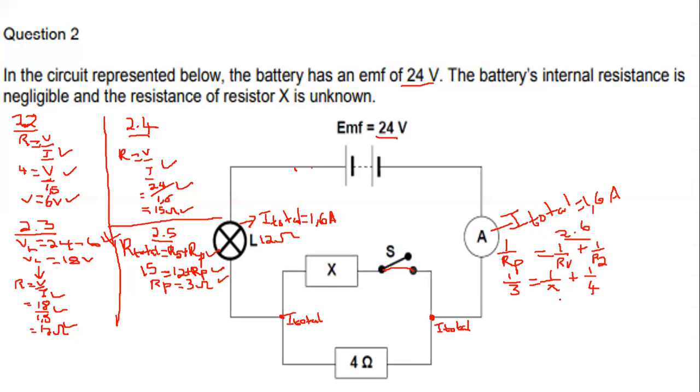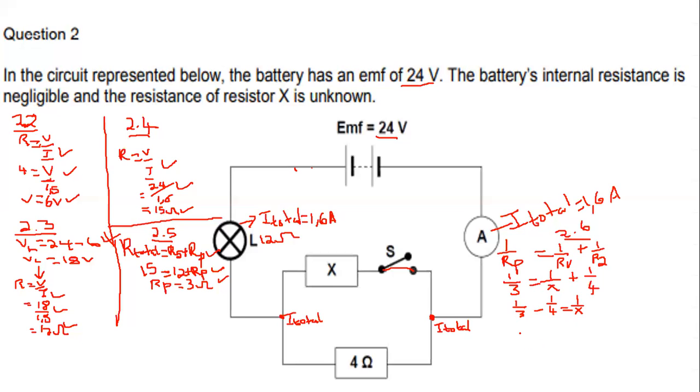There it is. Then 1 over 3 minus, remember I take the 1 over 4 this side, so 1 over 3 minus 1 over 4 is going to be equal to 1 over X. Then we go to our calculator, we try and find out the value of 1 over 3 minus 1 over 4.